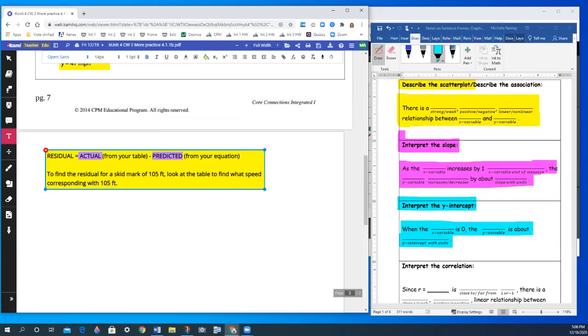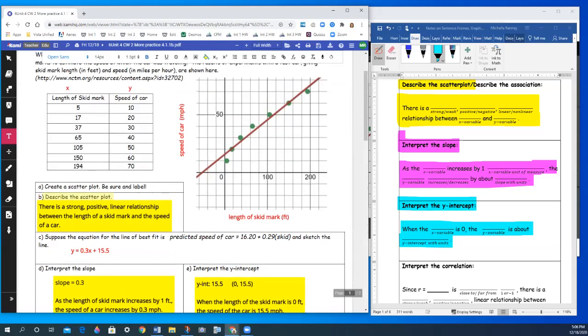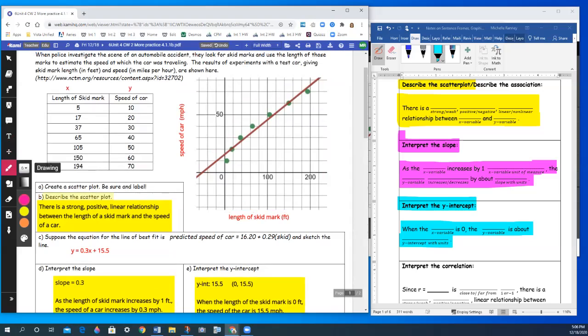So when I come up here to my table, here is my 105. Let me circle it. Here's my 105, which is 50.